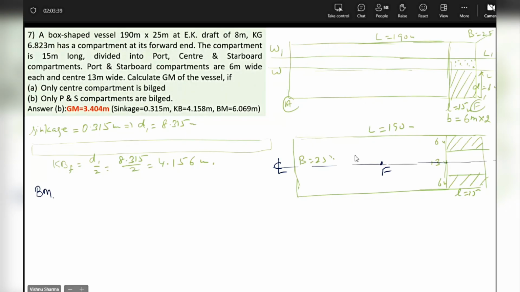So now, BM will be equal to ICL of the intact water plane upon volume of displacement. Now, guys, my question to you is, is center line a standard axis for the whole water plane? Yes or no? Yes. No, sir. Center line is not a standard axis for the whole water plane.